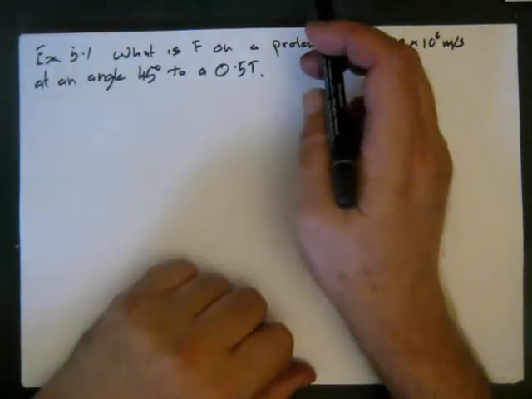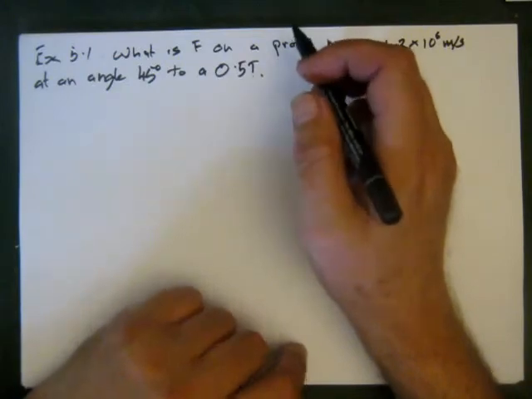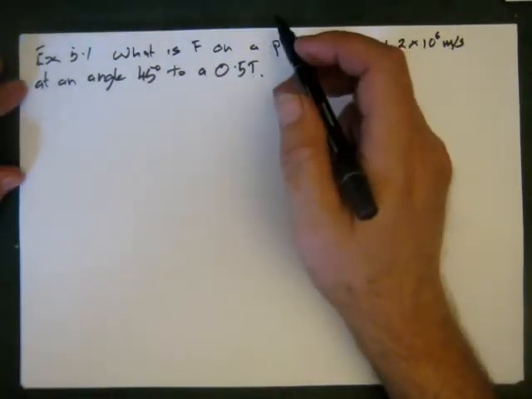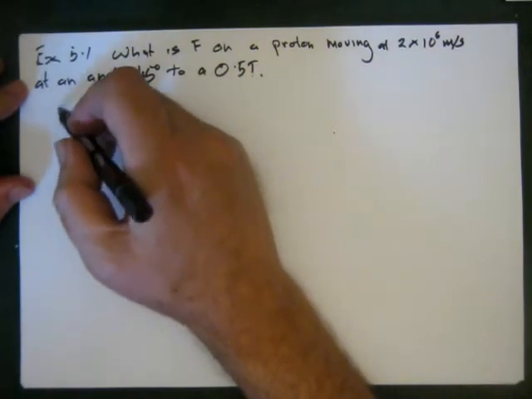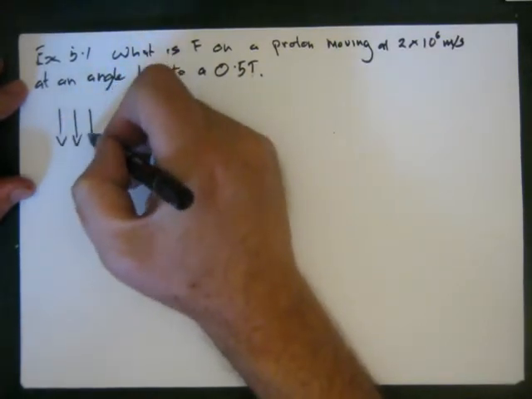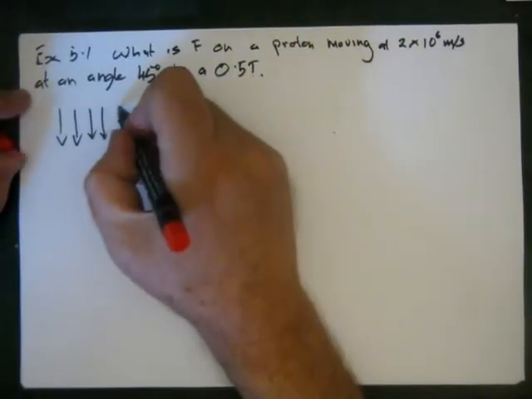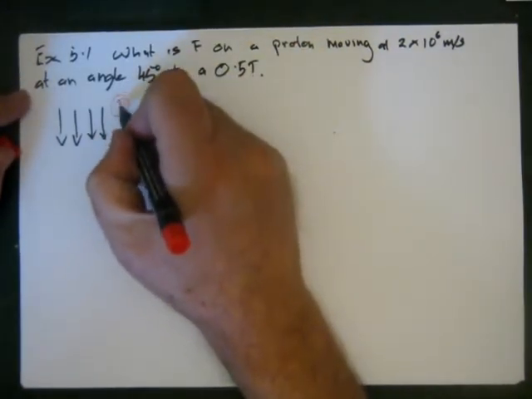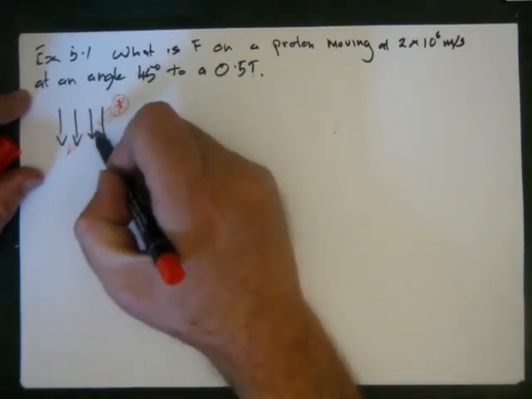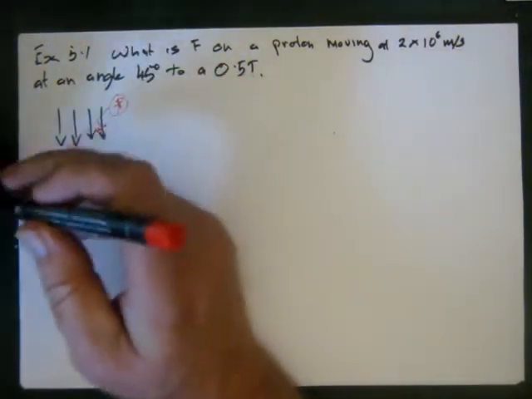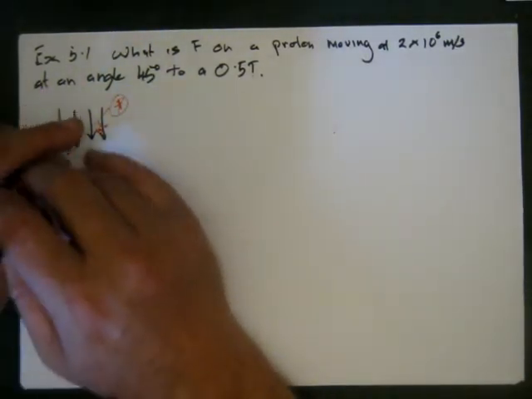So how are we going to do this? Well, we know, draw a picture. There's our field, and our proton, it's going to be a plus, traveling at 45 degrees. So we can then use this equation here.